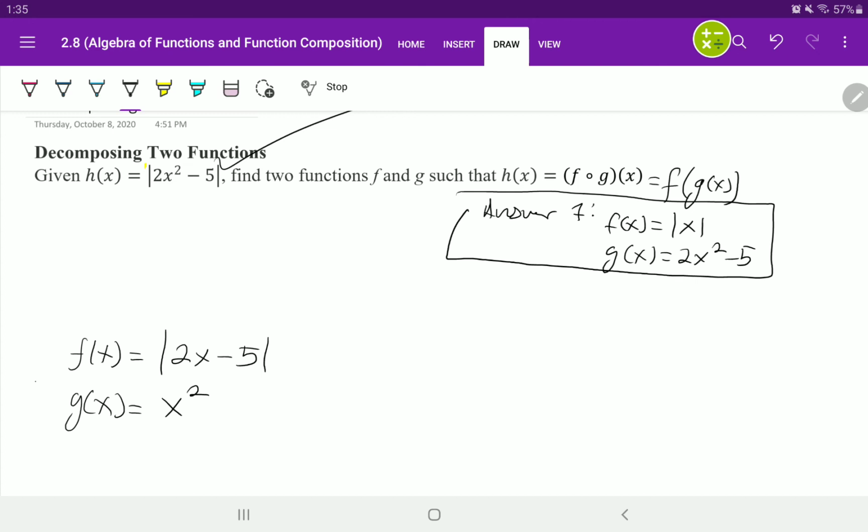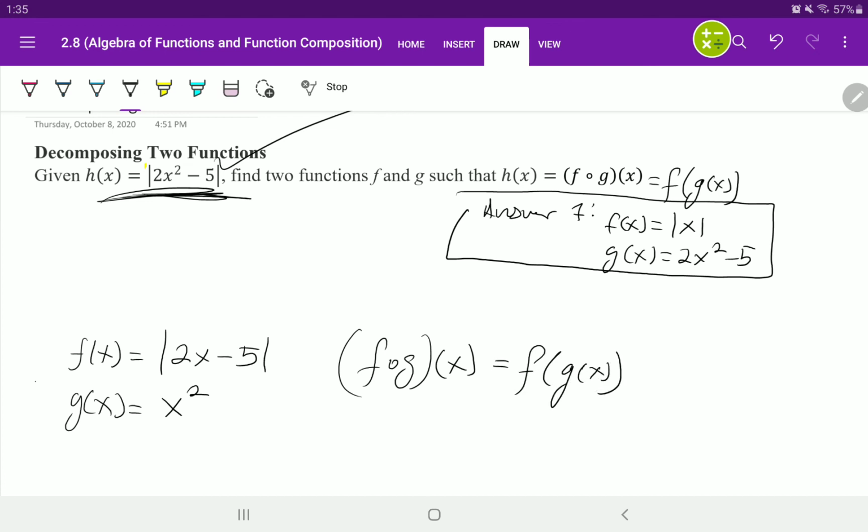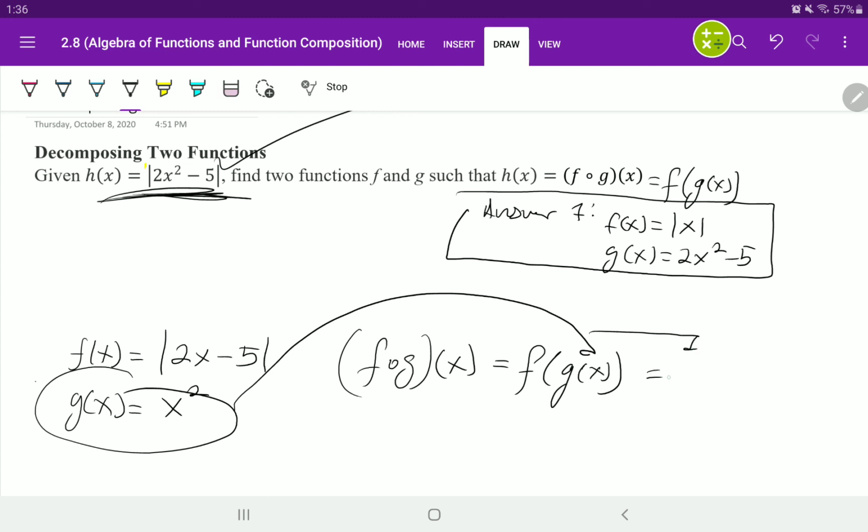So to prove that this is right, we want to find f of g of x and make sure it equals the h of x function. So f of g of x. In this case, I said g of x equals x squared, so I'm going to substitute that in. So now I have f of x squared.